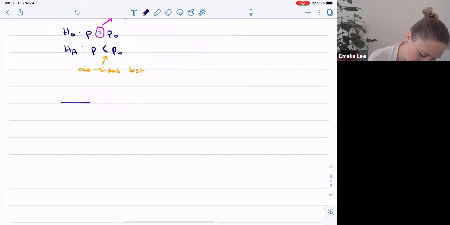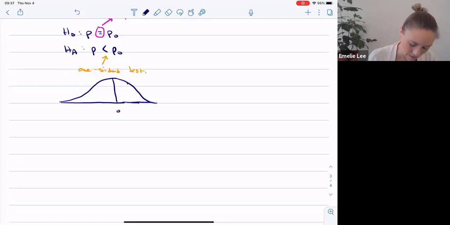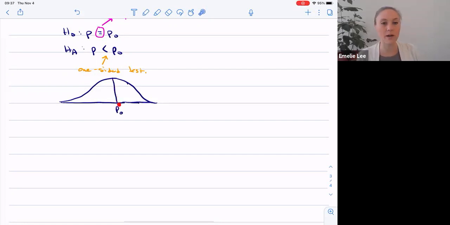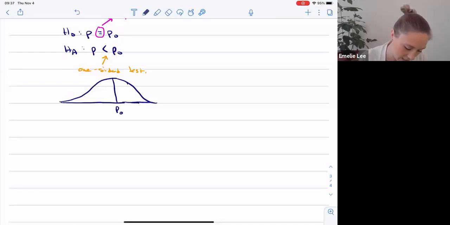Because what we're looking at is something like this. We've still got our hypothesized proportion in the center here, but is P less than P naught? Is it somewhere down here?